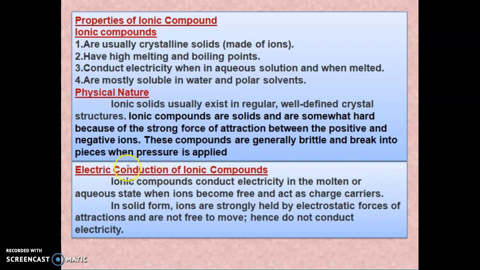The second property is electrical conduction of ionic compounds. Ionic compounds conduct electricity in the molten or aqueous state, when ions become free and act as charge carriers. So ionic compounds conduct electricity when dissolved in water. In solid form, the ions are strongly held by electrostatic force of attraction and are not free to move, hence they do not conduct electricity.